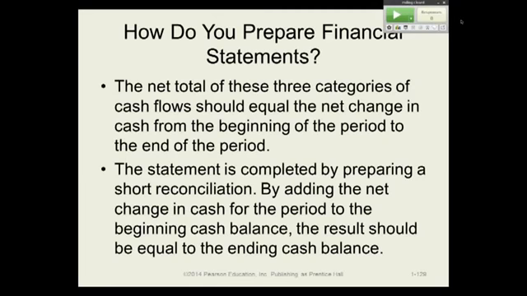On one of the assignments, a couple of people came up before class and asked, how do I get this number, the change? The change is the sum of operating, investing, and financing cash flows. That change is added to the beginning balance to get the ending cash on the balance sheet.